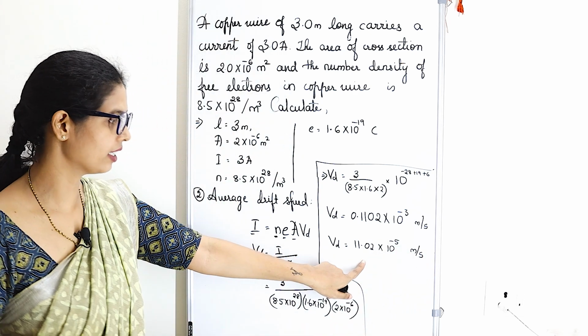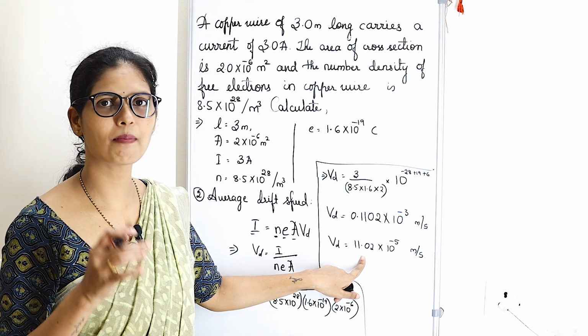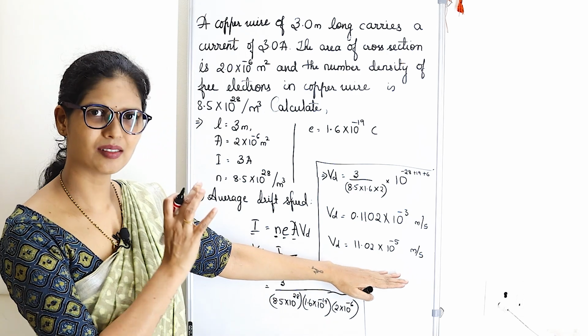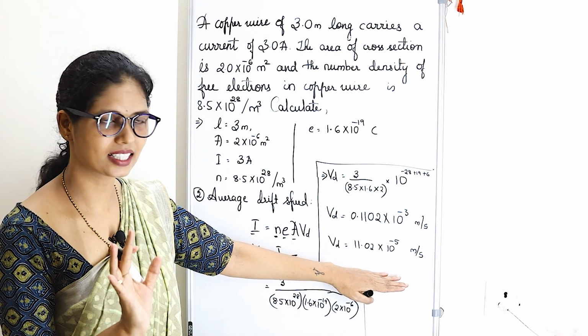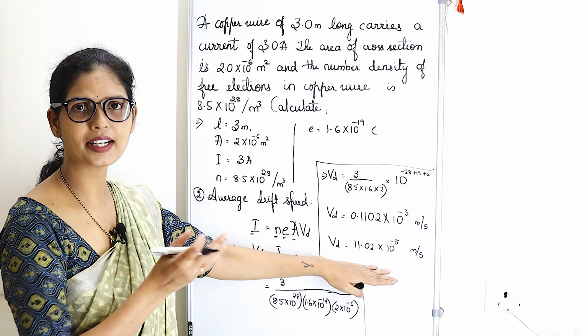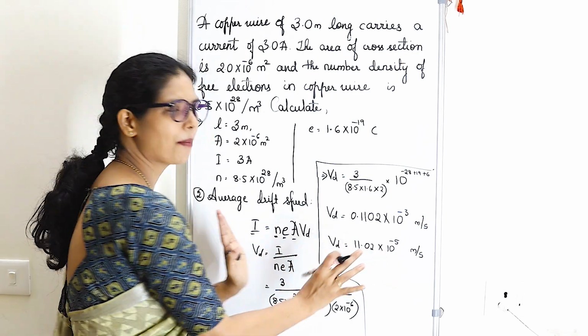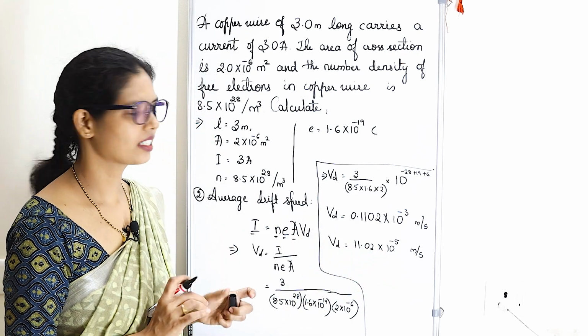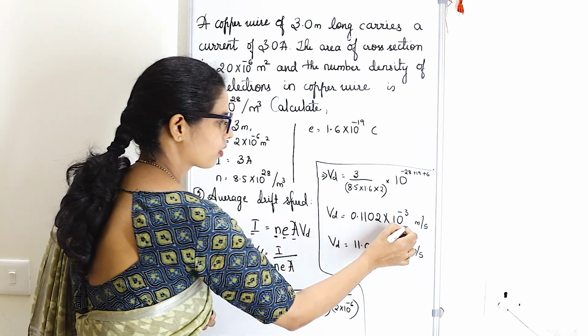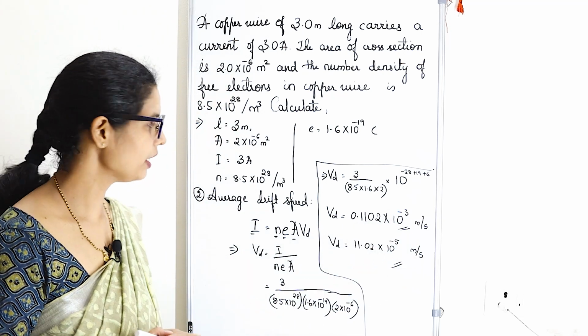What have I done here? I have just multiplied and divided by 10 to the power of minus 2 to get a better looking answer. You can even keep it this way, or you can multiply and divide it by 10 to the power of minus 2 so that you get a better looking answer. So this is your answer for average drift speed.